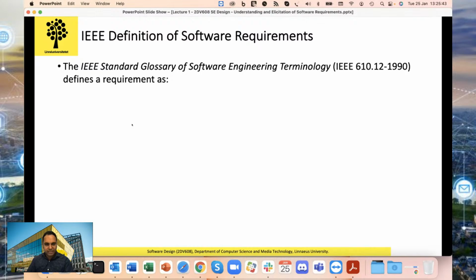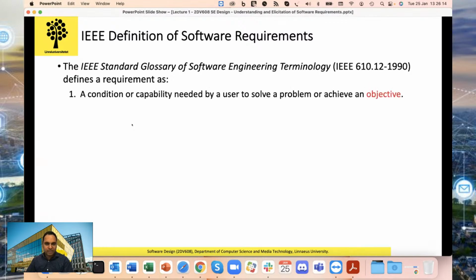Software engineering is one of them, and they have a thorough dictionary that defines thousands of software engineering terms, known as the IEEE Standard Glossary of Software Engineering Terminology. It's been continuously updated, but the first standardized version was in 1990. So they define software requirements as this.